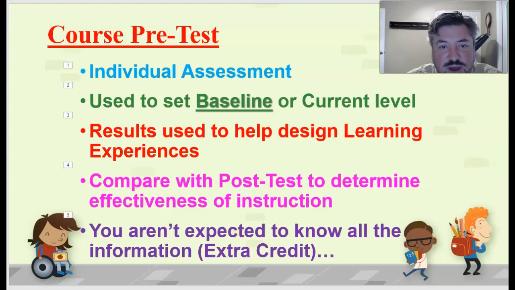So if you get everything right, you would get 25 out of 15. So basically, as long as you get 5 questions right, you would get full credit for the test. If you get anything less than 5 right, you need to immediately set up an appointment with me because we need to discuss if you're even ready to take this course. All right.